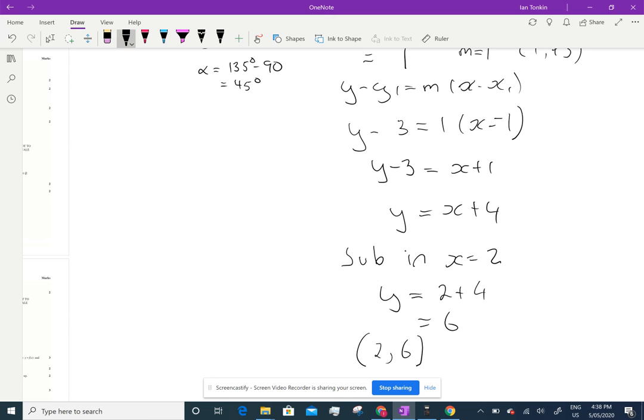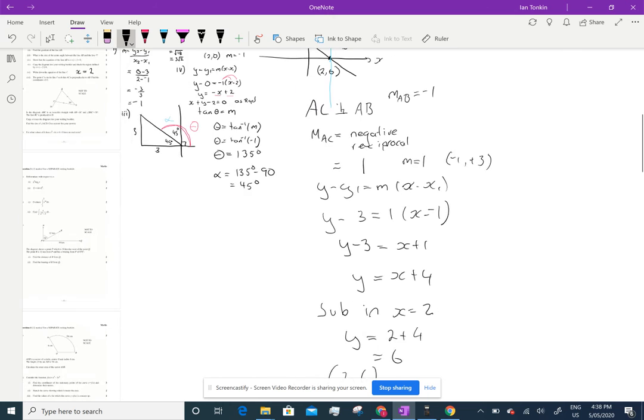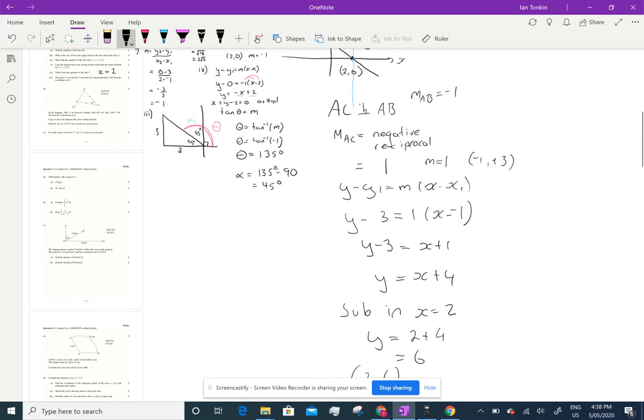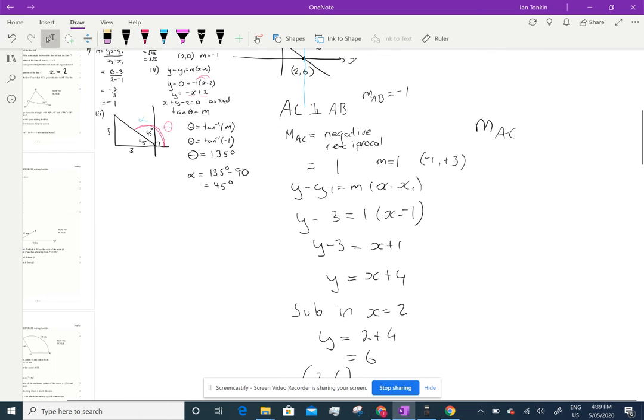Or I could have used the gradient formula, because this has a gradient of 1. So the gradient of AC equals y2 minus y1 over x2 minus x1. And remember, the 2 points I have, -1 and 3, and 2, and I don't know what it is, let's call it y2 because that's where we're going to put it.